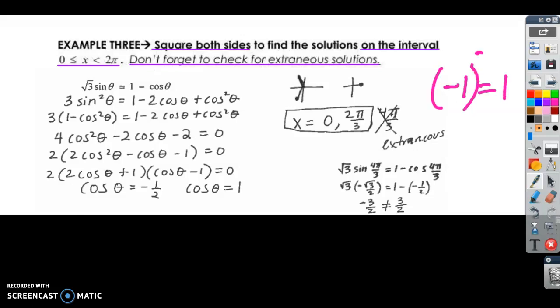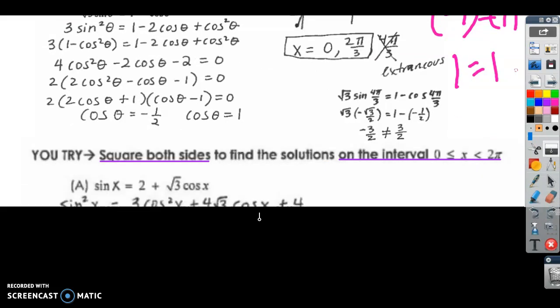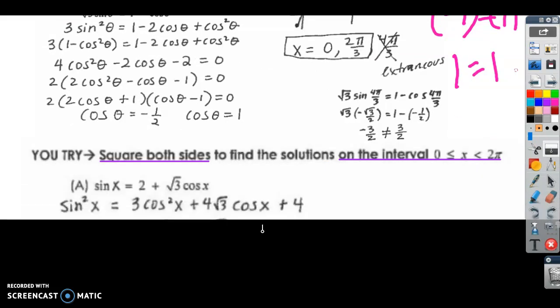But if I go ahead and square them, well, now I have 1 equals 1. Okay, well, that's true if I square both sides. So you just have to be careful when you do that, because you could lend yourself into solutions that work for the squared equation but won't work for your original equation. So try the next one. Press pause.